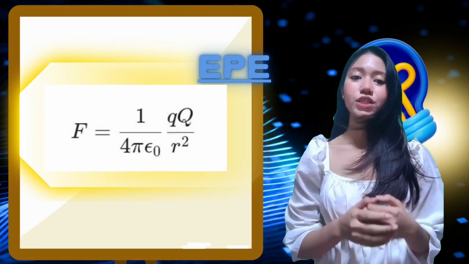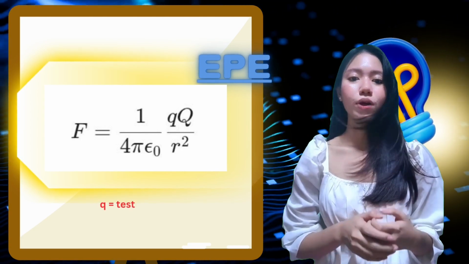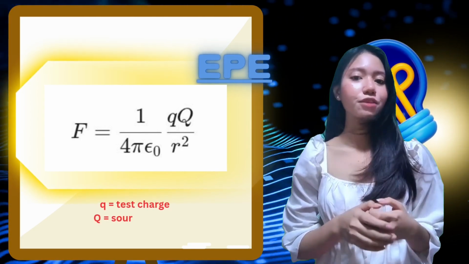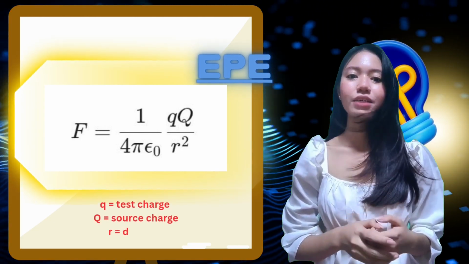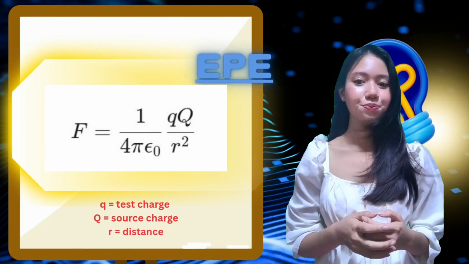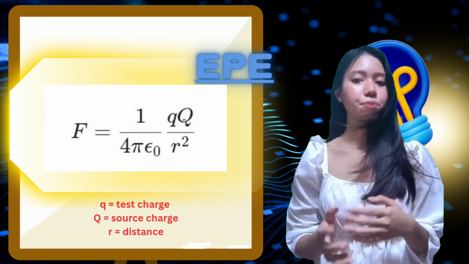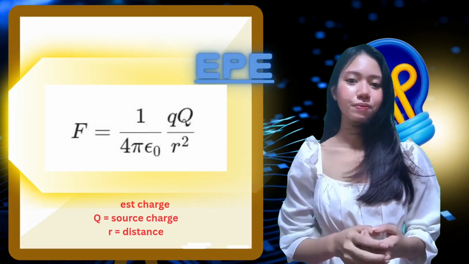Here, the small q represents the test charge that we're moving through that field, while the big Q is the source charge, the one creating the field. The distance between their centers is represented by r.